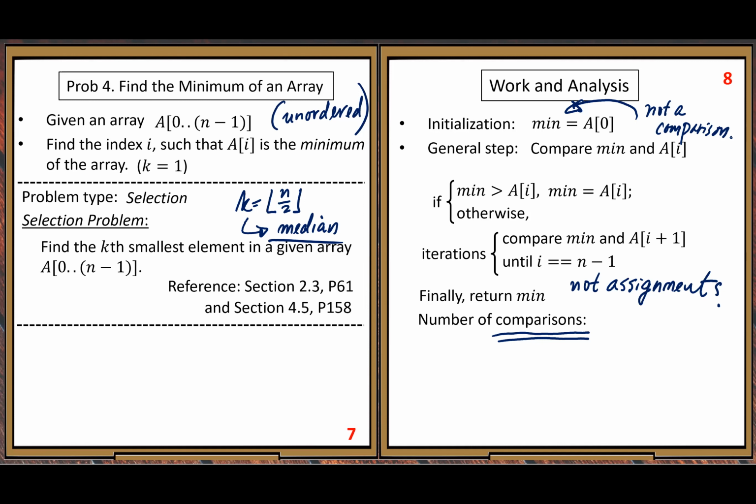With n-1, we can claim this is an optimal solution. If it were n, not n-1, then you cannot claim it's an optimal solution. So for optimality, we like to use the exact number of comparisons, because we have the second half of the story: whether this solution is optimal or not.